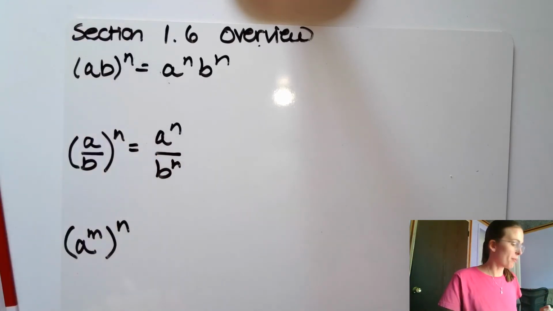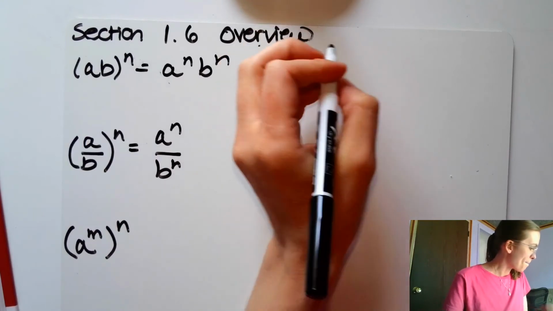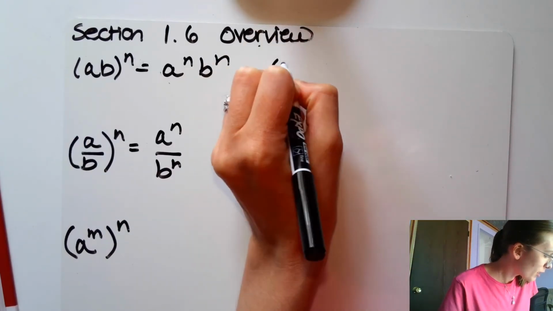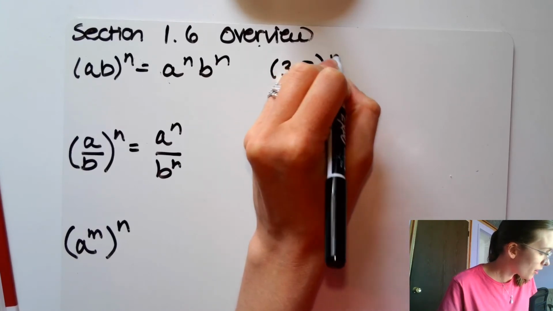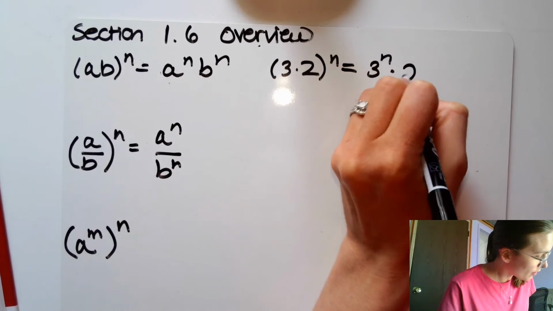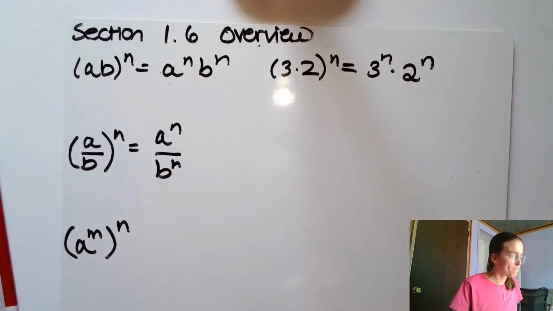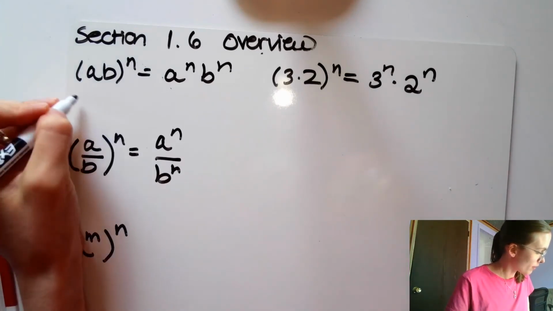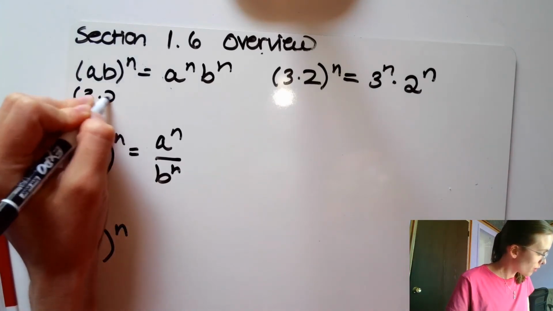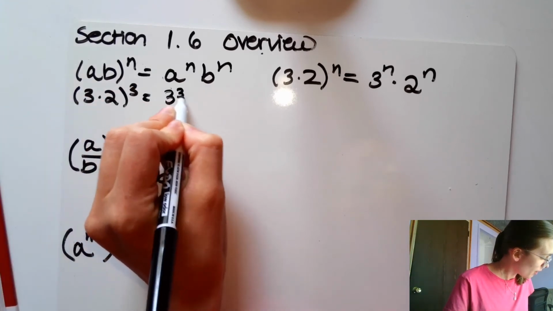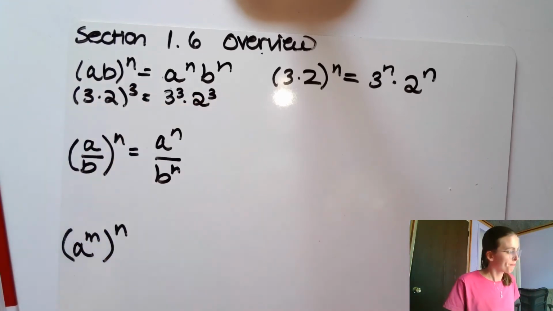So, for example, 3 times 2 to the nth power equals 3 to the n times 2 to the n. With numbers, 3 times 2 cubed equals 3 cubed times 2 cubed.